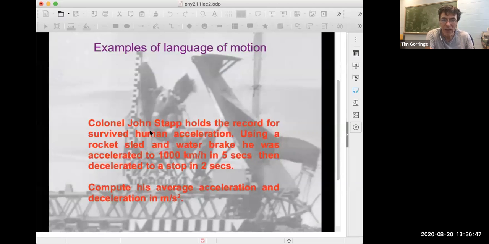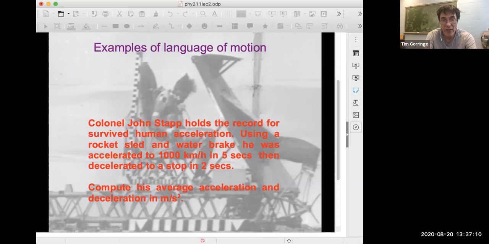So this is a famous story. There's a picture. It's a little hard to see on this overhead, but this is Colonel John Stapp. This is many years ago, more than 50 years ago. When they were putting together the space program, they wanted to test the acceleration that human beings could survive.